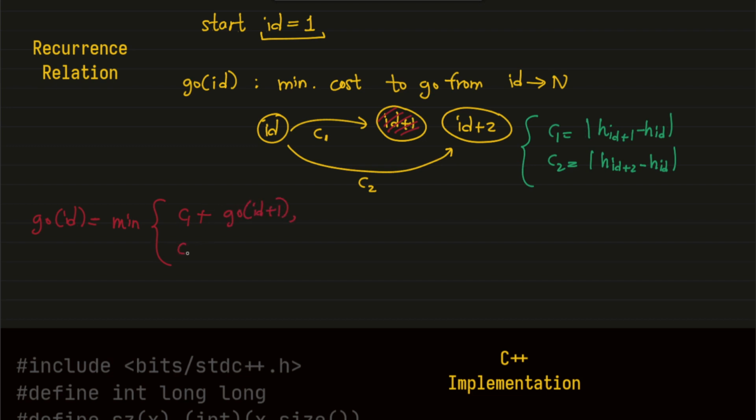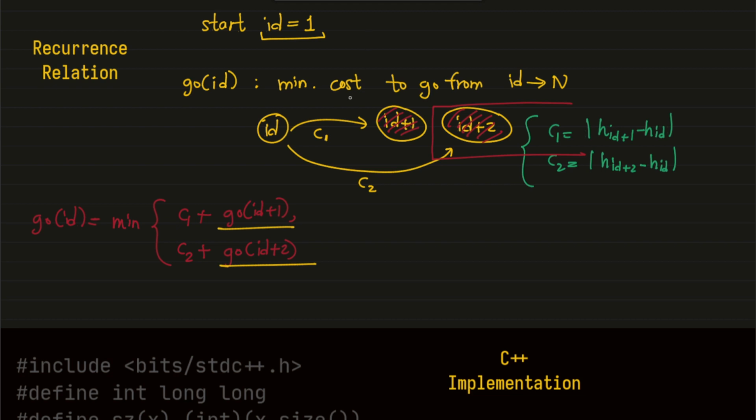Or the second choice is to go to the next id plus 2 index, and the leftover indices would be from this, which exactly denotes the function that we are computing for from index id plus 2 or id plus 1. This is the recurrence relation.